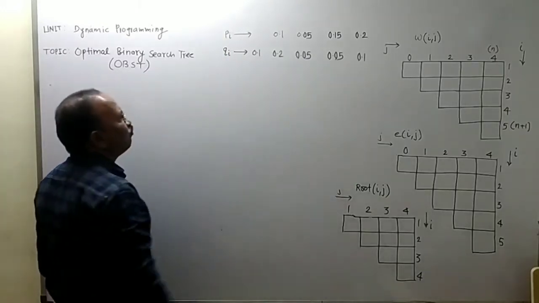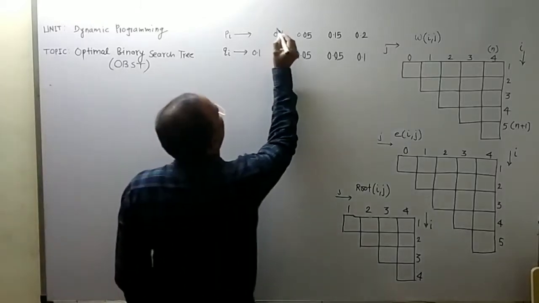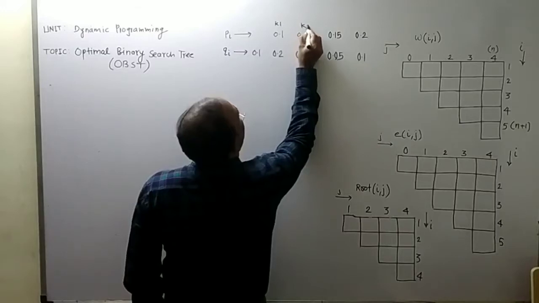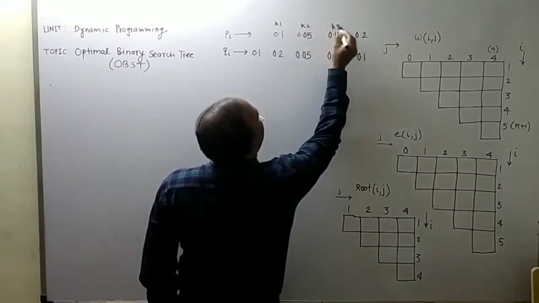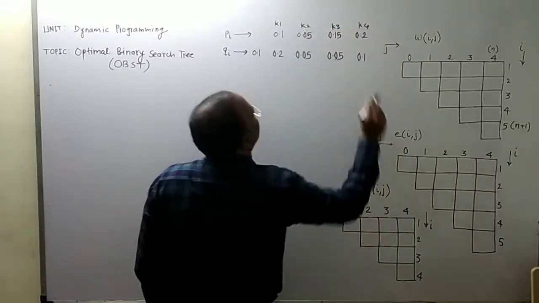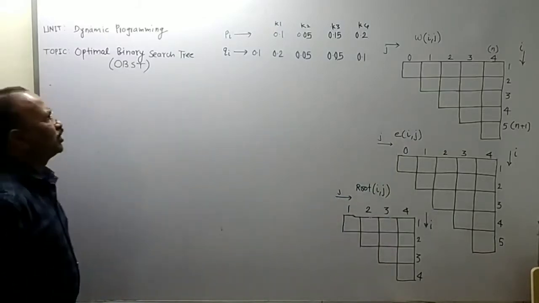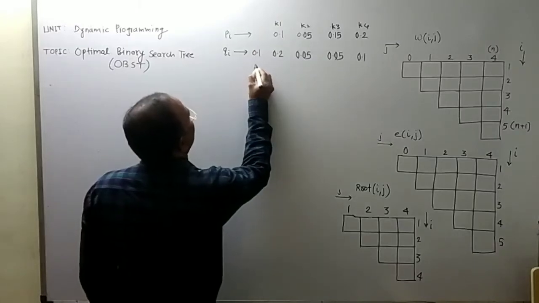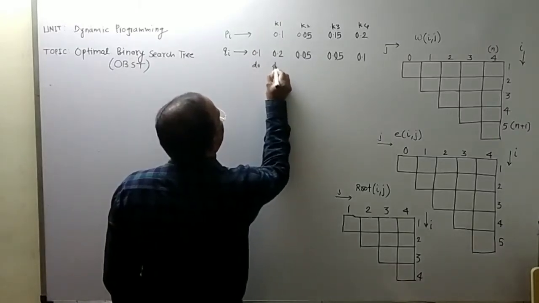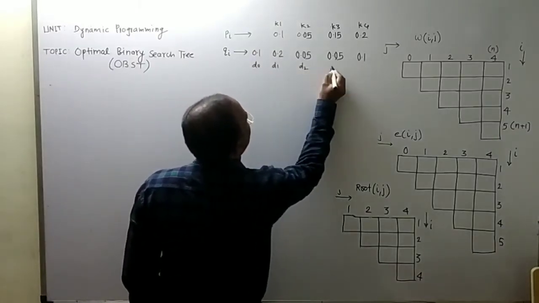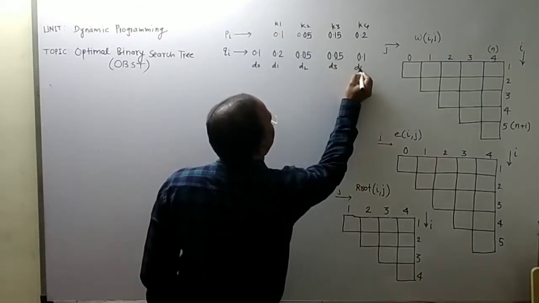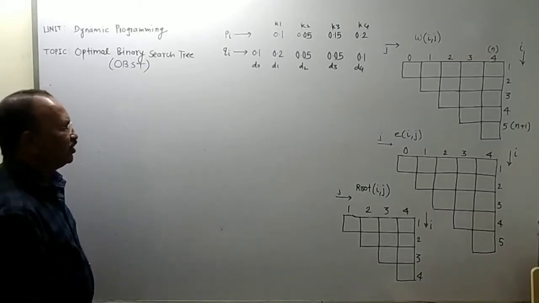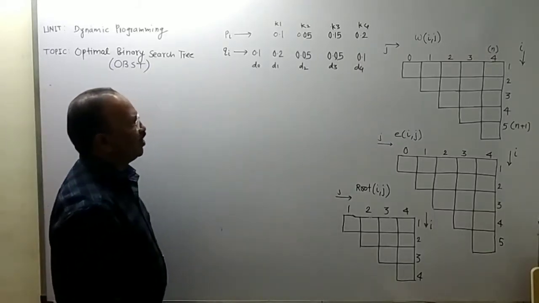There are 4 actual keys, K1, K2, K3, K4. As there are 4 actual keys, there will be 5 dummy keys, D0, D1, D2, D3 and D4. So to get the OBST, there are 3 tables we have to develop.